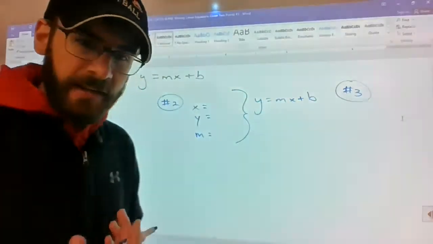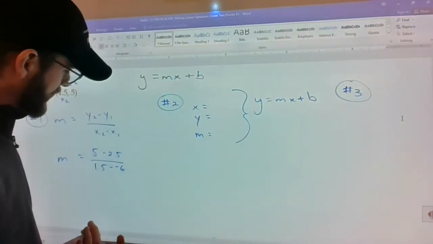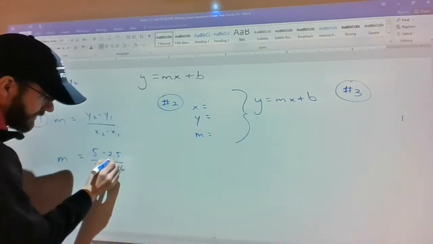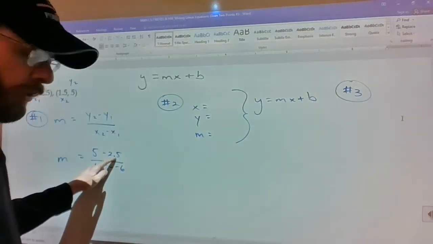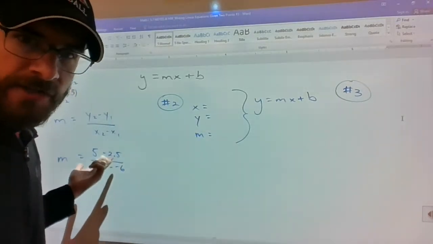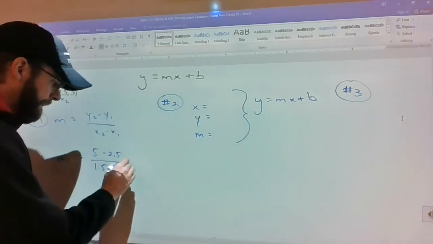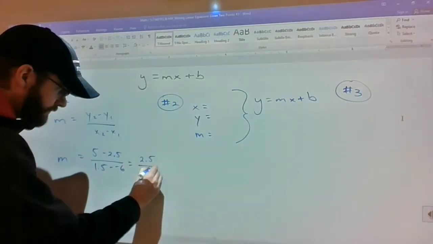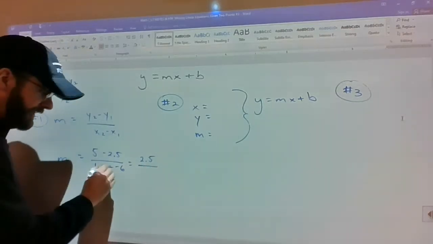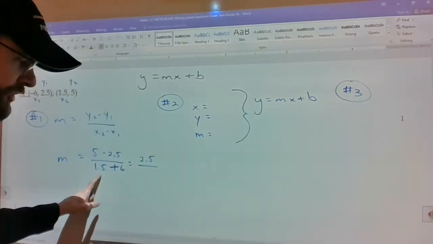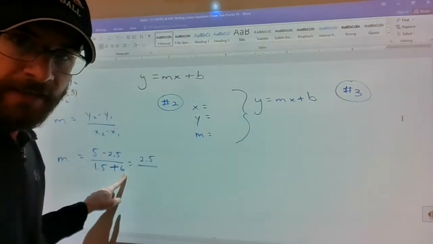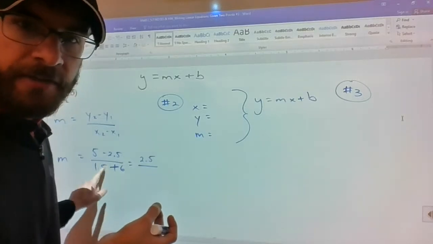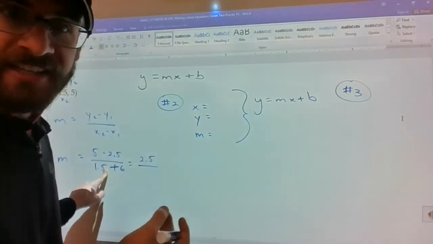And in this particular case, I'm hoping you guys can do those calculations in your head. 2.5 is exactly half of 5, so 5 minus 2.5 is 2.5. On the bottom, a minus negative yields a positive value, so it's really just 1.5 plus 6. And there you can just say, what's 1 plus 6? It's 7. There's 0.5 extra, so 7.5.